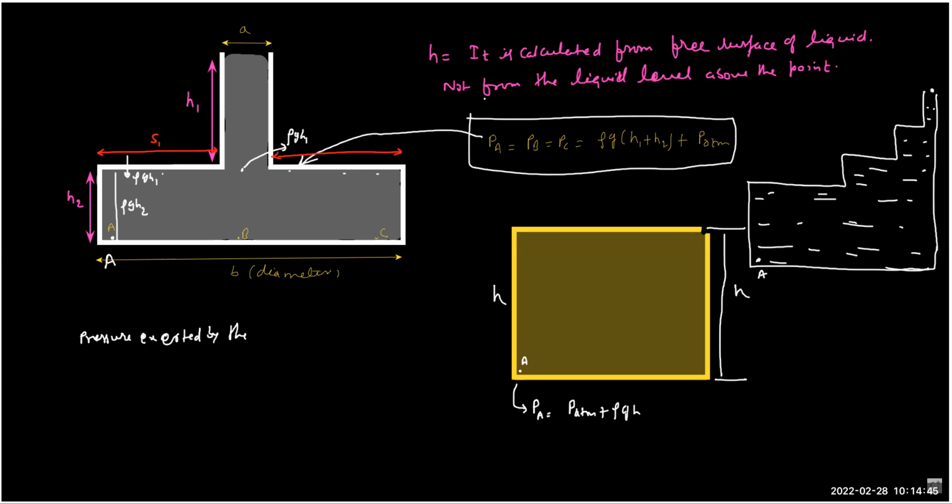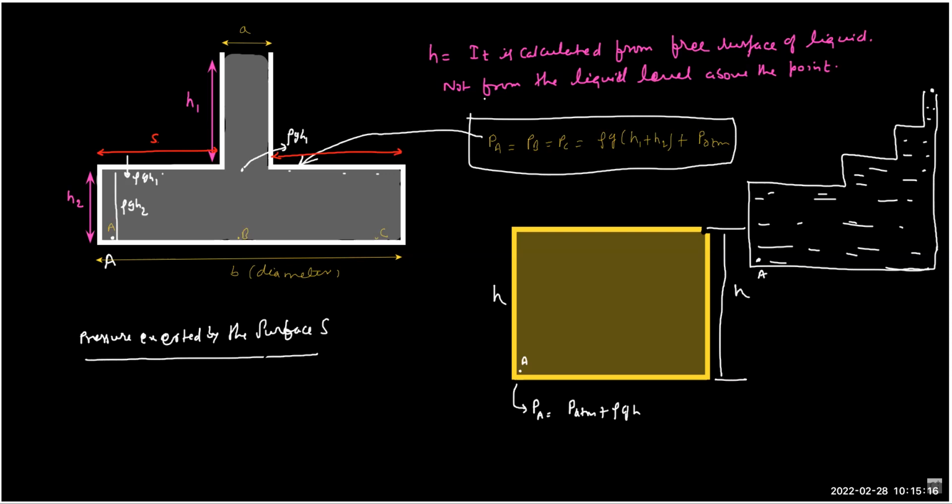So let's call it surface S. So this is a surface actually, like a disc shaped surface. So the pressure exerted by the surface S.